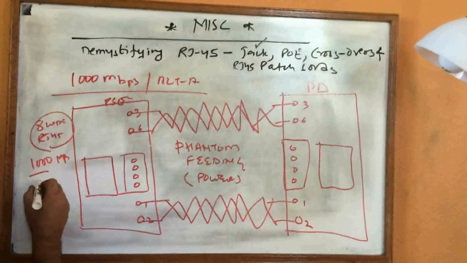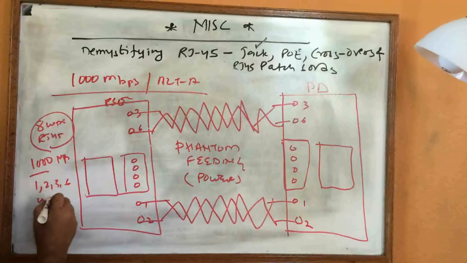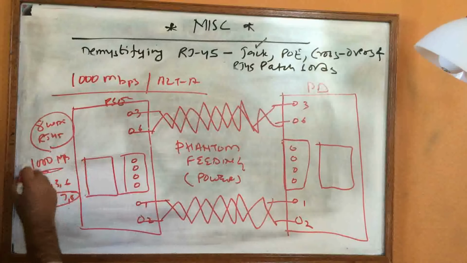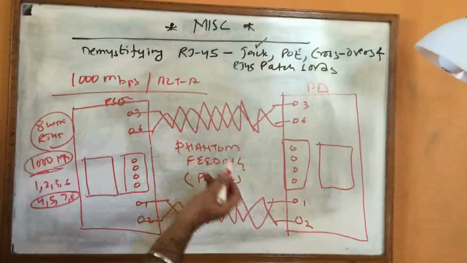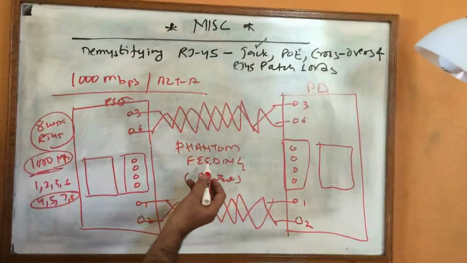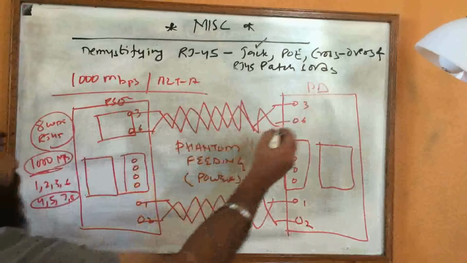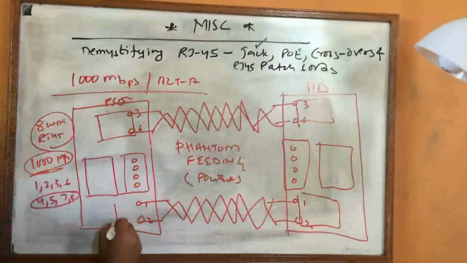For example, going back, 1, 2, 3, and 6 are used, and 4, 5, 7, and 8 are NC, but in the 1000 Mbps connection all of the wires are connected. So how will you transfer the power over this link? It's called phantom feeding. It's not an exam question.